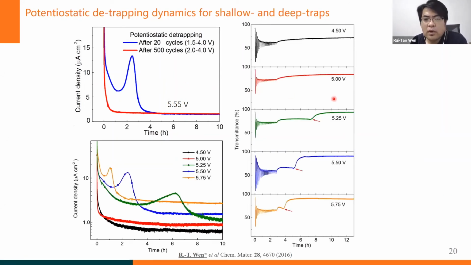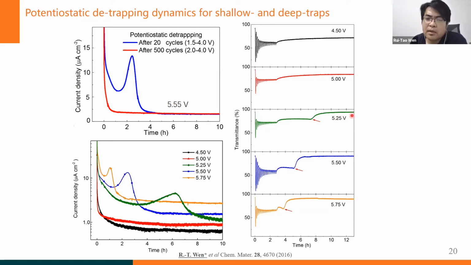And also, we studied how much voltage should be applied to the system in order to release these ions from the deep trap and the shallow traps. So here is the answer. When the applied voltage is less than 5.25 volts, for example, 5 volts, 4.5 volts, we didn't observe the sharp increase of the optical transmittance, which means ions are not extracted from the deep trap, right?